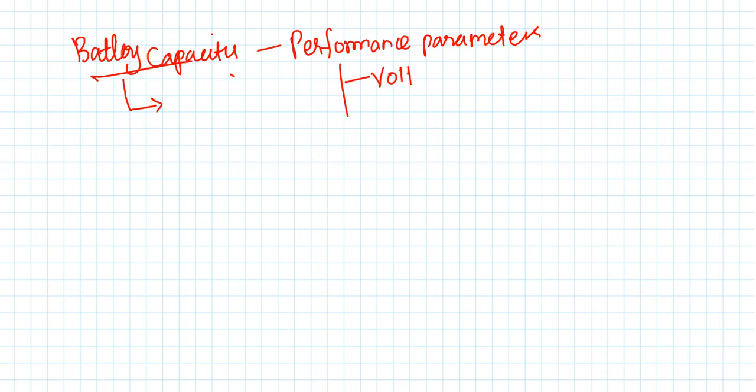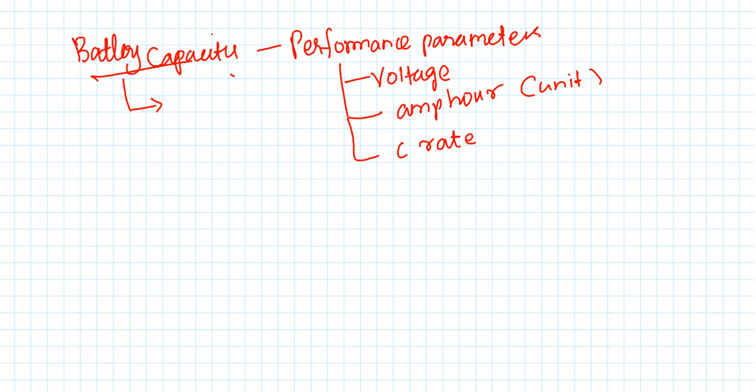One is the voltage, the next is the ampere hour, which is the unit of the battery capacity, and the next is the C rate, that is the rate of discharge. It was already discussed in the previous video.